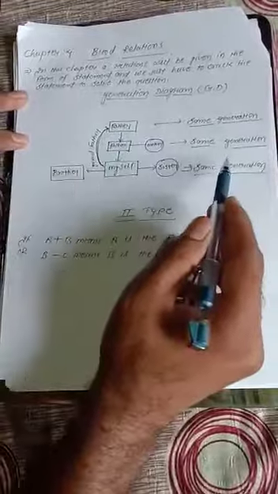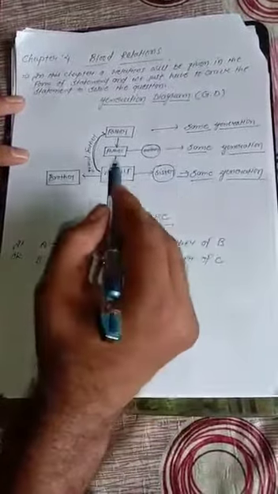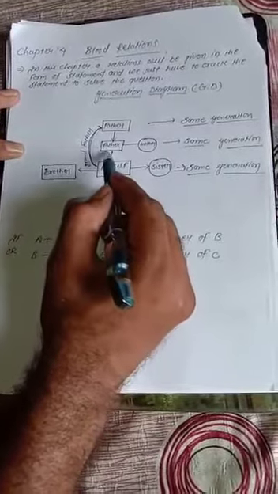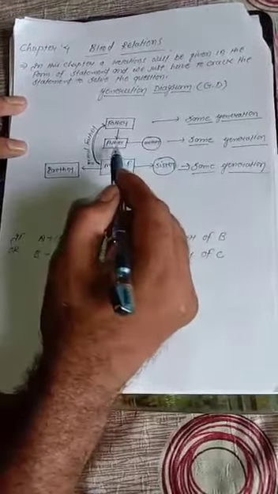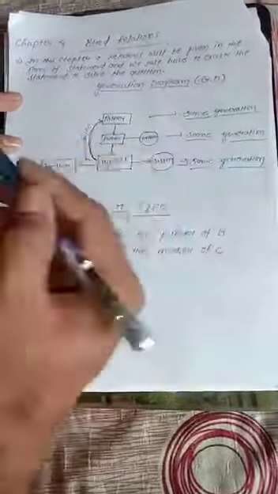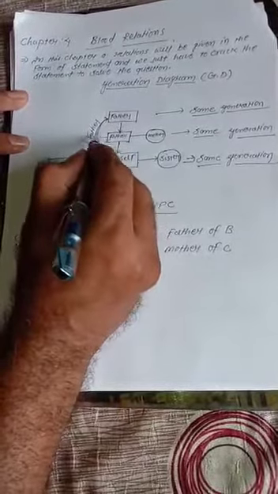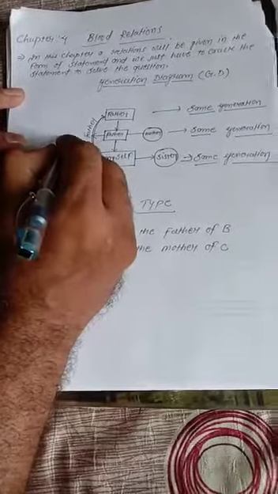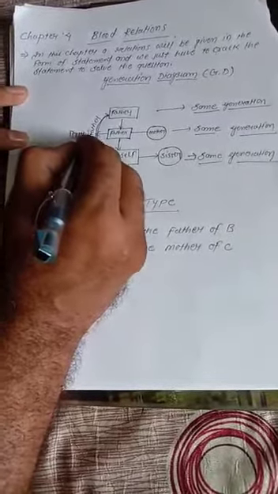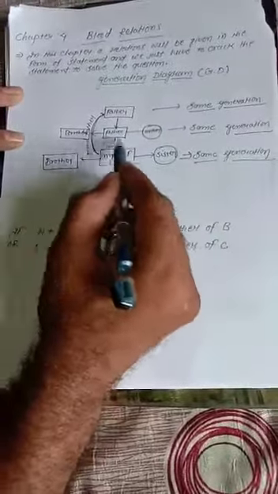Here I mentioned the same generation, that means what? If I'm talking about my father and if I'm talking about my mother, my father and mother both are in the same generation. If I'm talking about my uncle, or maybe the brother of my father, he will be here, that means the brother of my father will also be in the generation of my father.